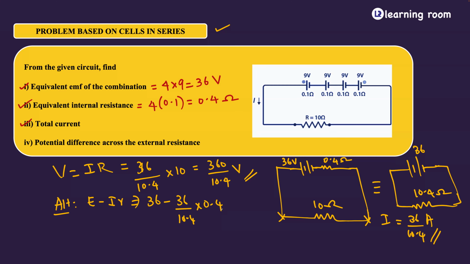So basically you take out 36, right? If you take out 36, what you will get is 10.4 minus 0.4, the whole divided by 10.4. So it will be 36 into 10, which is the same 360 divided by 10.4. Both are same. Okay.